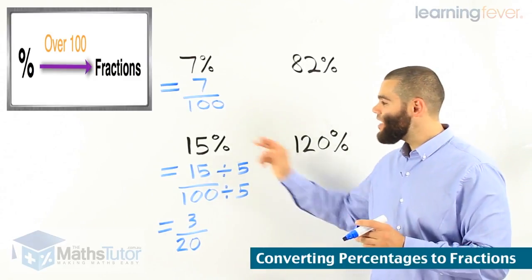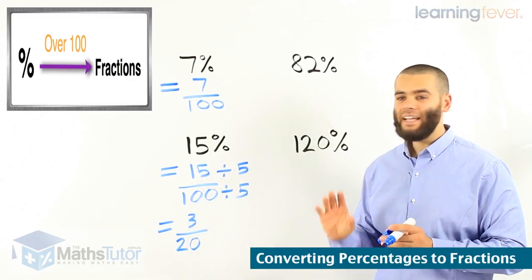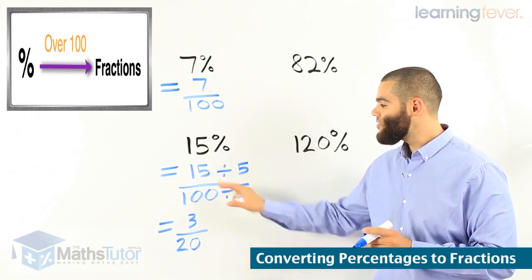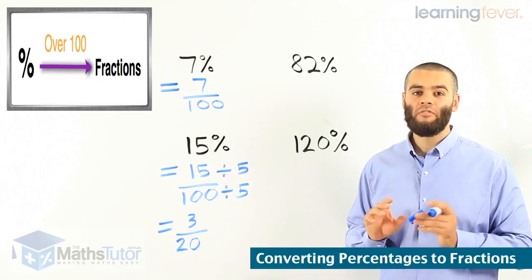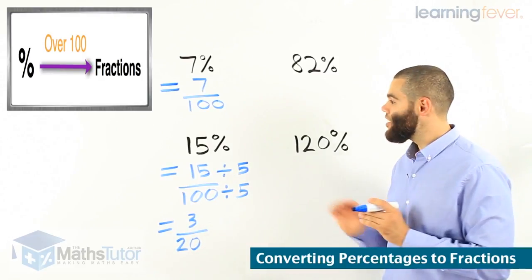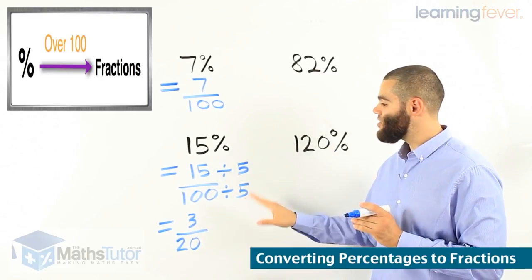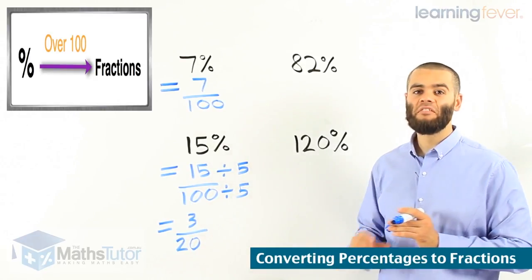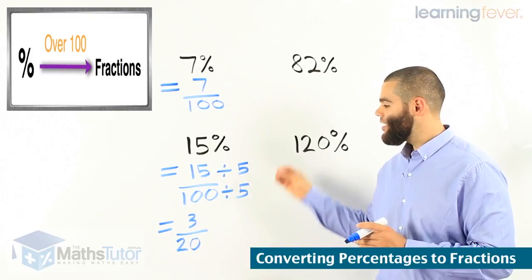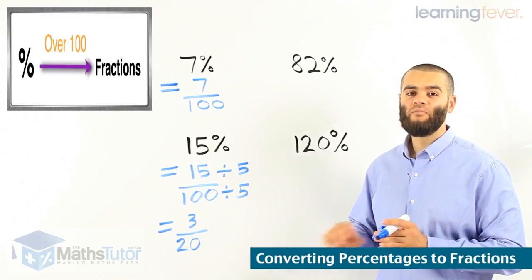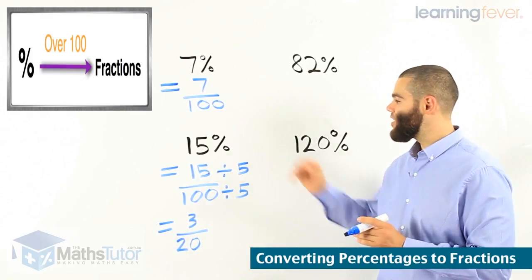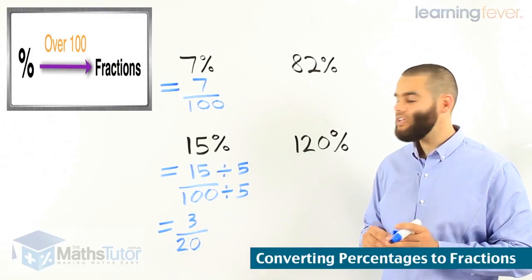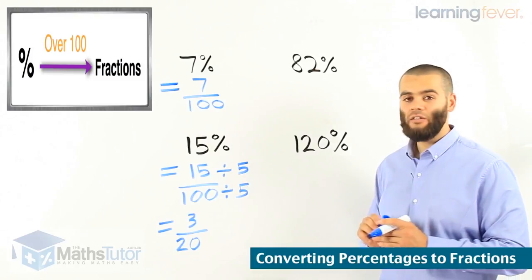It means that 15% is exactly the same as 3 over 20. 3 over 20 is 15 over 100, but in simplified fractions. So it's important when we are changing percentages to fractions, we are always looking for the simplest form. So 15% is exactly the same as 3 over 20. Put 15% in your calculator, press equals, and you'll get 3 over 20 when you are changing it in fraction form.